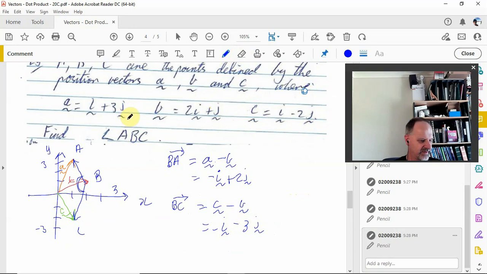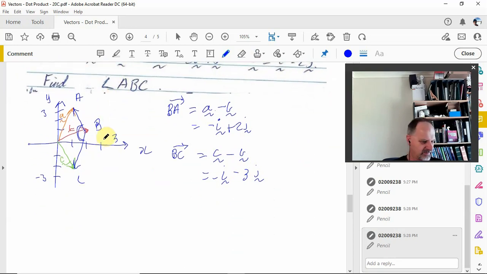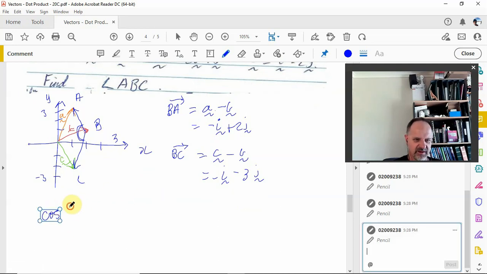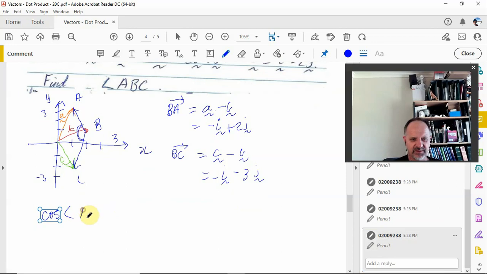So what do we need? We need the magnitudes of those. The cos of angle ABC is the one we're after. It's going to be the dot product of BA and BC over the magnitudes of those.